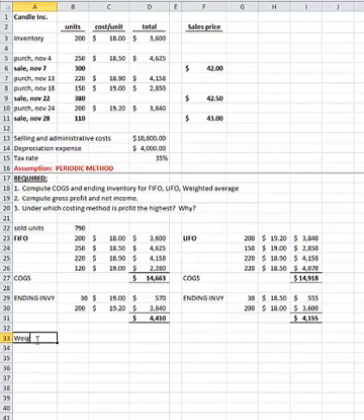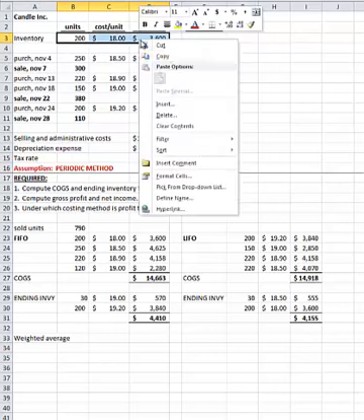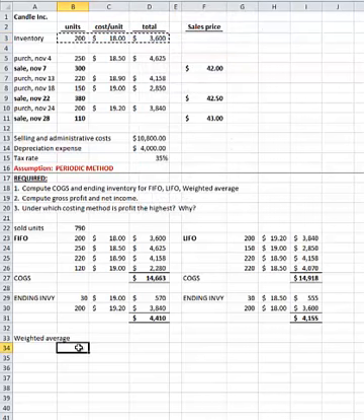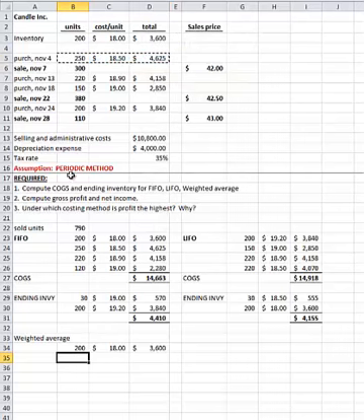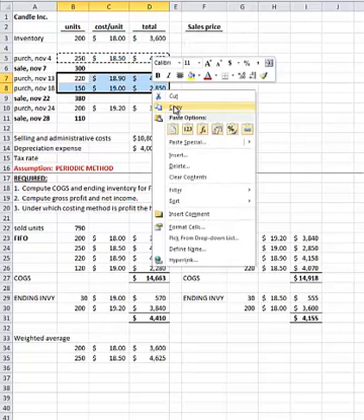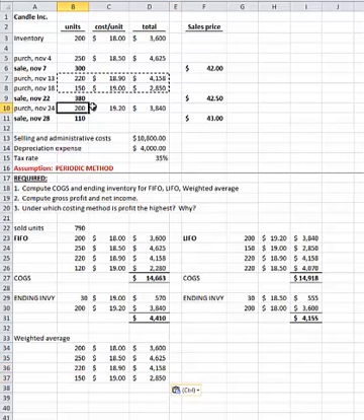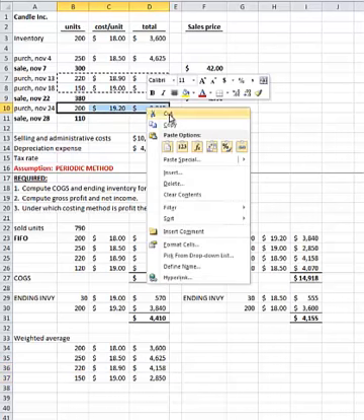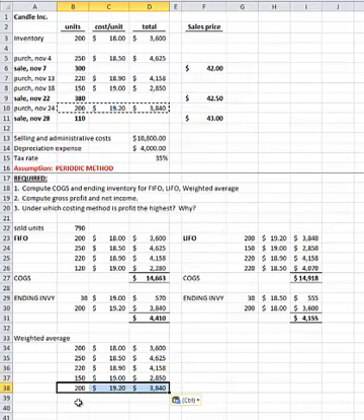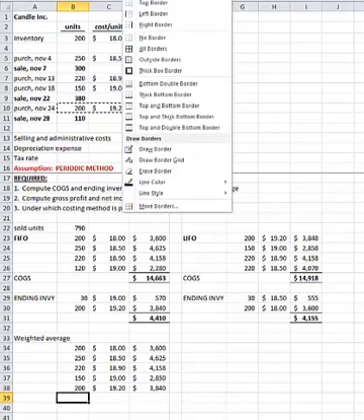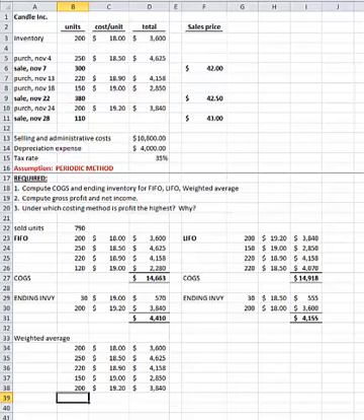Let's do weighted average. We have to get the total cost, so let's get all our purchases and our beginning inventory, add them all up and do the math.